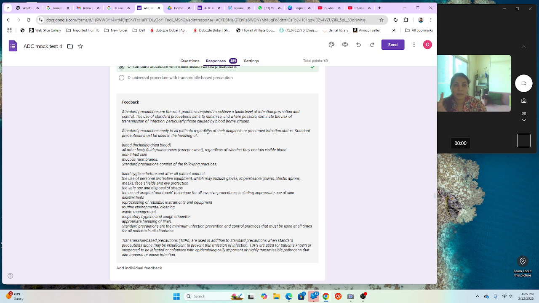But when you wear a hazmat suit, you are fully covered. There is no air circulation happening inside, and you are wearing extra masks, those N95 masks, etc. Not even the eye part is getting exposed anywhere. That is an extra precaution. That's a transmission-based precaution suit.